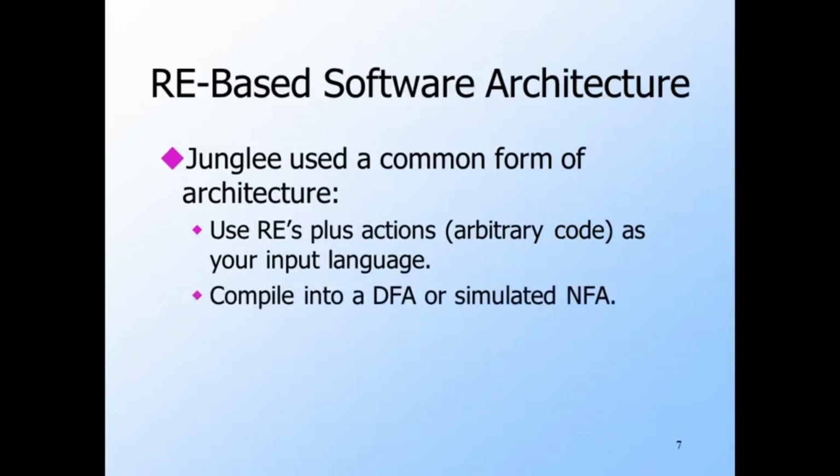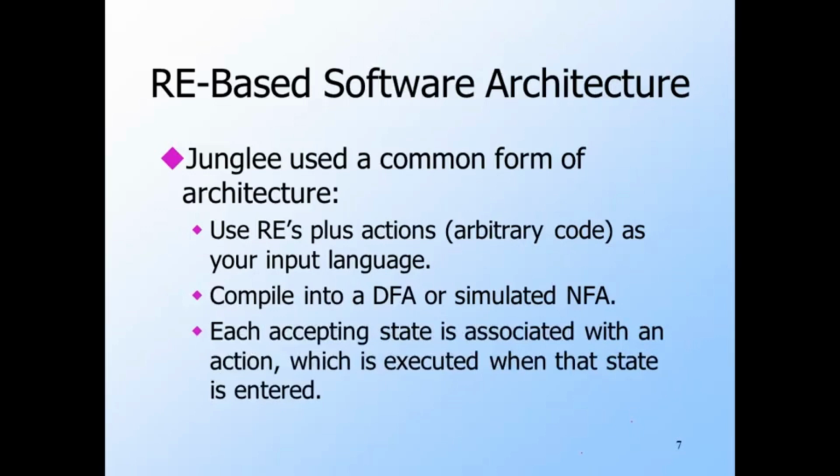The regular expression is compiled into a DFA or sometimes into an NFA that is simulated, effectively by executing the lazy version of the subset construction as needed. The simulation of the DFA or NFA goes on exactly as we have described it theoretically. Each input symbol causes a state change and nothing more. The magic happens when an accepting state is reached. Then the associated action is executed, and this action allows the regular expression processor to interact with the rest of the world in some useful way.